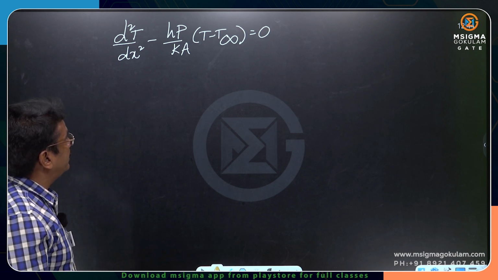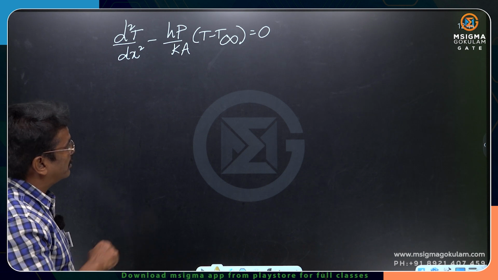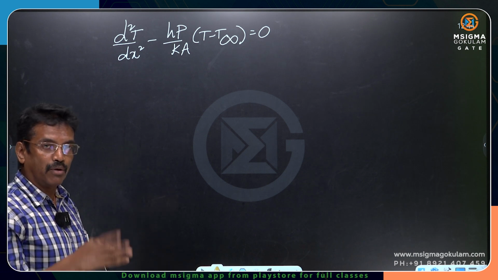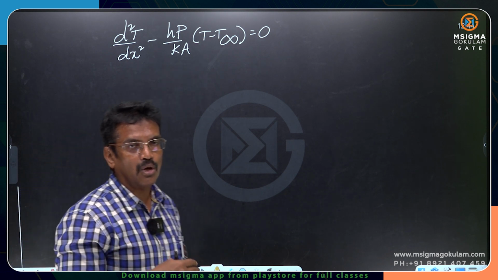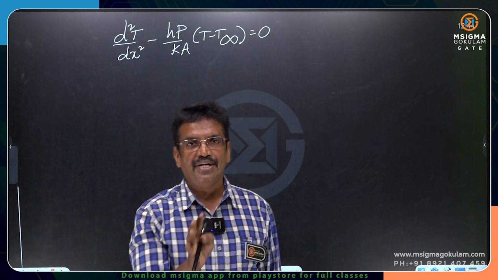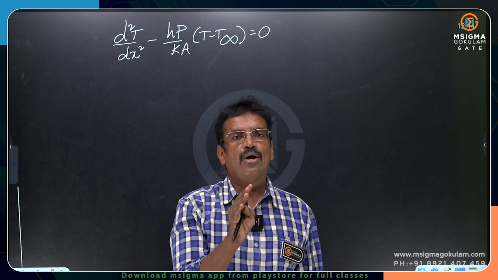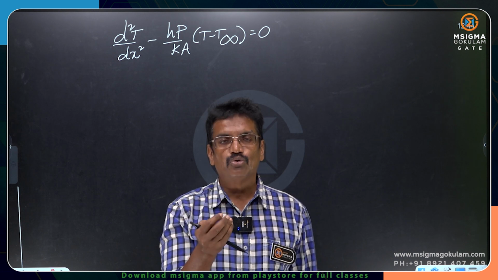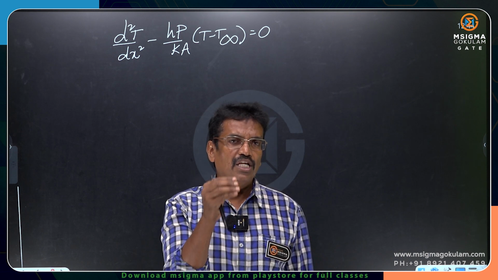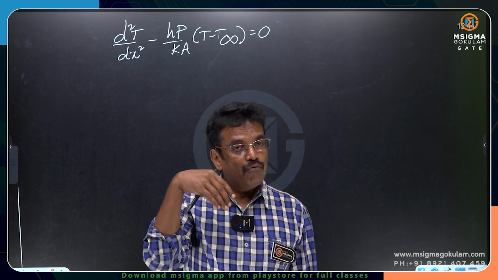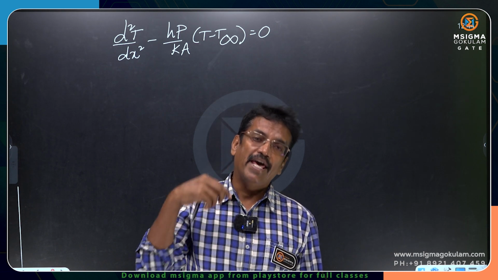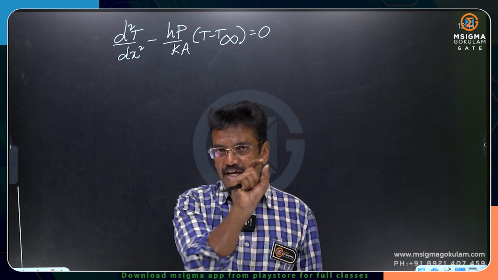But for integrating it, I am changing the variable from T to theta, because in mathematics we have learnt about some standard formats of second order differential equations, for which the solution can be directly written just by seeing the format.